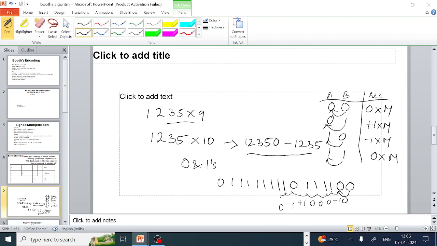Then you have 0, 0, 0, 0, 0, 0, 0, and 1 to 0 is plus 1. So wherever you have zeros, everything is 0. The main aim in Booth's algorithm is that when you have a continuous stream of ones, it will be recoded as 0. So that is the advantage.